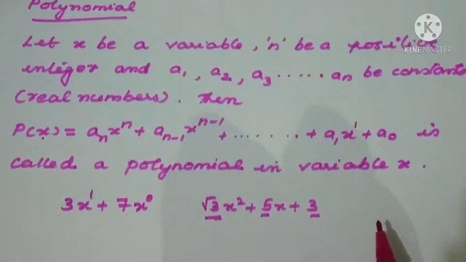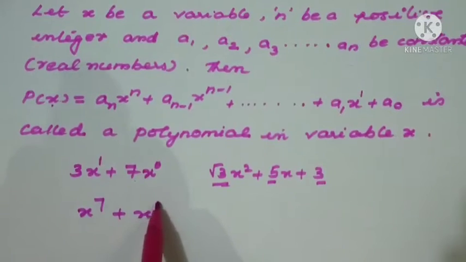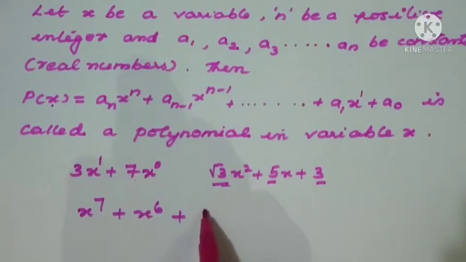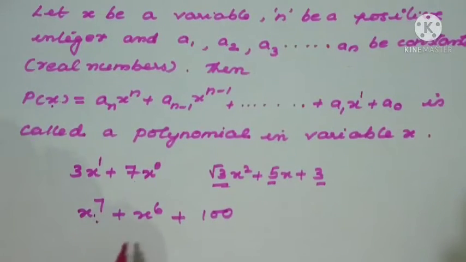Let me see another example, sir. Here I am using x raised to 7 plus x raised to 6, then 100 I have used. So here what is the power of x? 7 only. Here what is the power of x? 6 only. And here 100, there is no power of x we can say, or otherwise we can say x raised to 0 only.